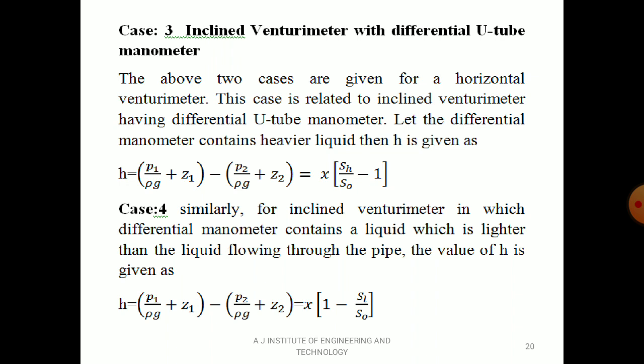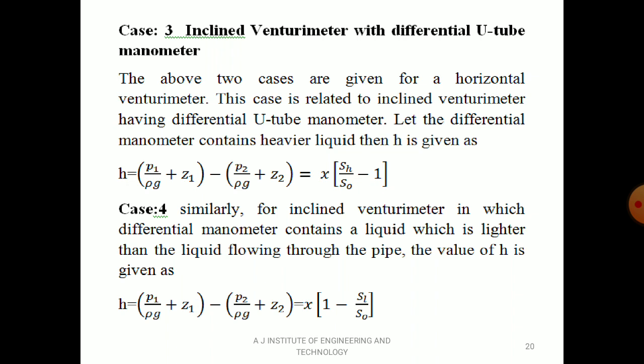So these are the 4 cases you have to remember. For the first and second case, H equal to P1 divided by rho g minus P2 divided by rho g. I have not mentioned that expression in this slide. You have to just remember it and use that expression for solving the problem.